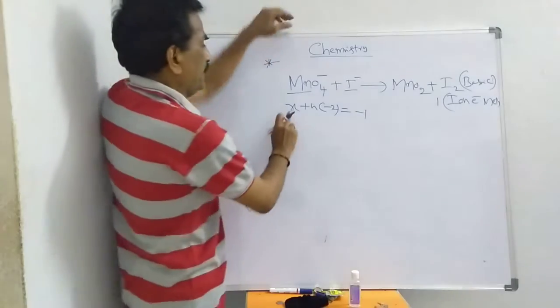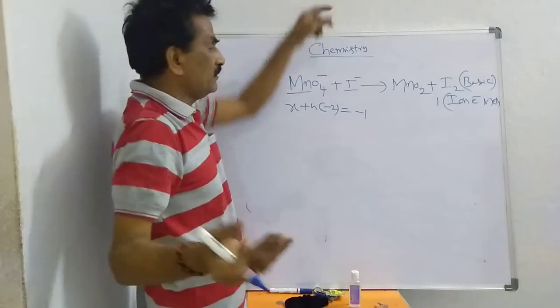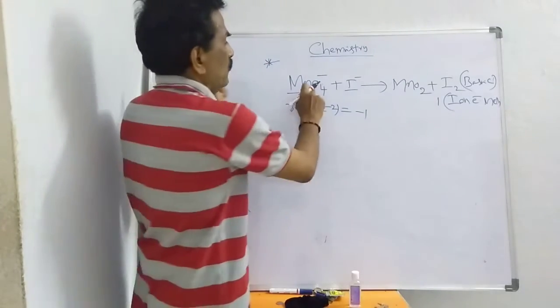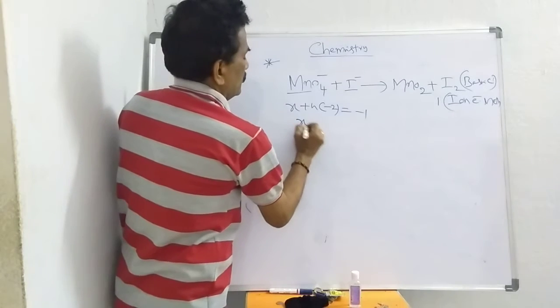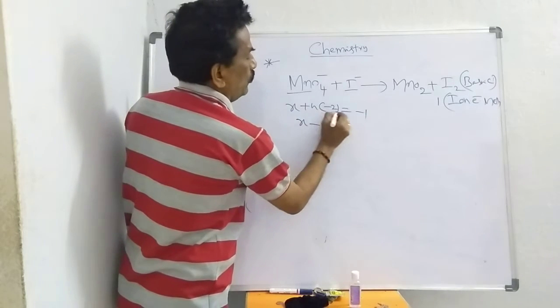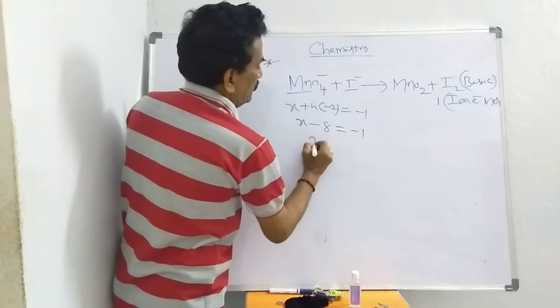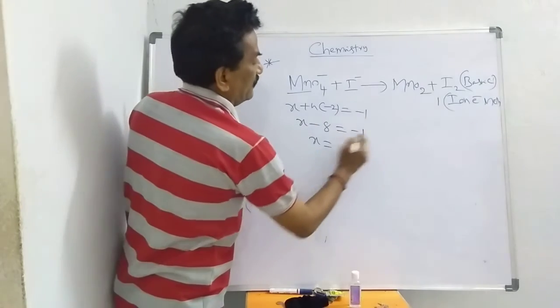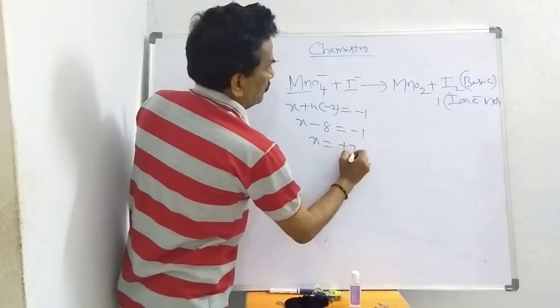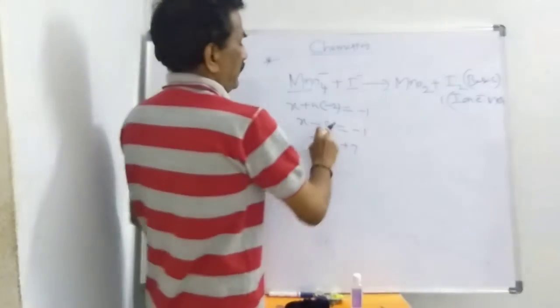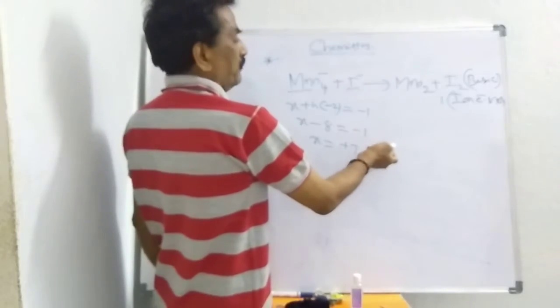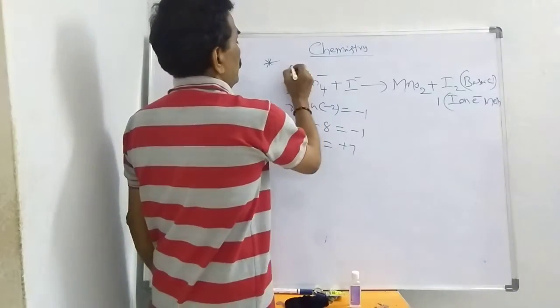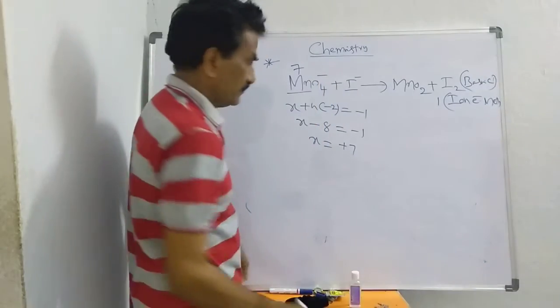In normal oxides we are going to use minus 2. So X plus 4 into minus 2 is equal to minus 1. X minus 8 is equal to minus 1, X is equal to minus 1 plus 8, so 7.